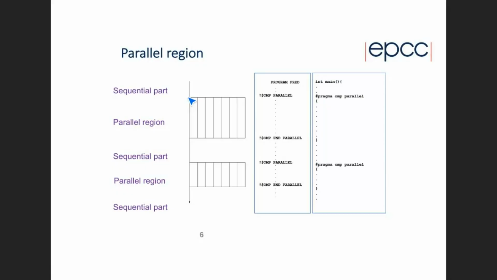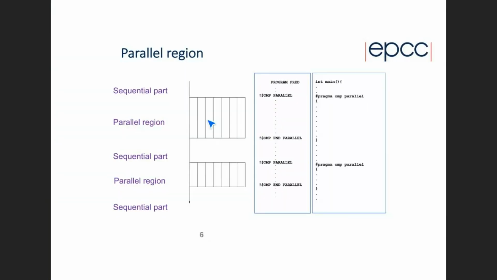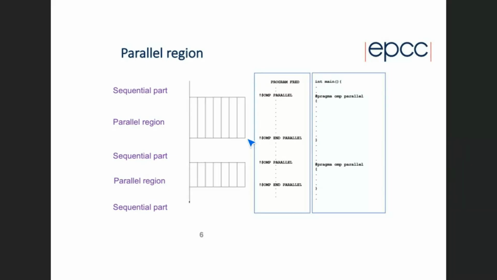At this point, logically what happens is that the master thread creates a team of threads. In this case, I've shown a total of 8 threads. The master thread itself executes the parallel region together with the additional 7 other threads. So all those threads execute the block of code inside the parallel region. At the end of this block of code, the master thread waits until all the other threads have also reached that point.